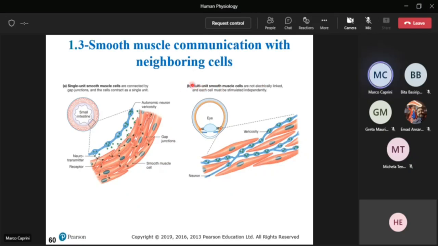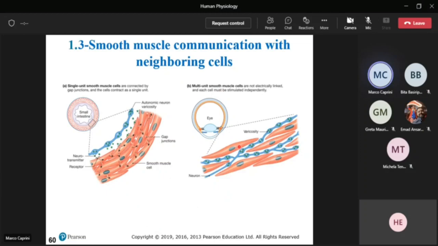It's shown here in panel B, the multi-unit smooth muscle cells, where the cells are not linked together, and in this context are not electrically connected.